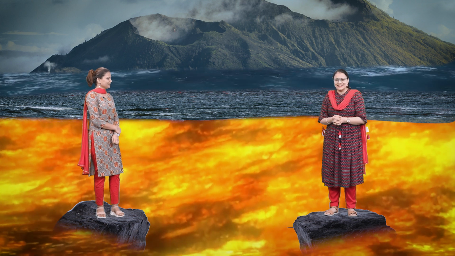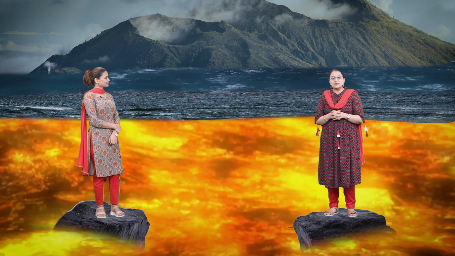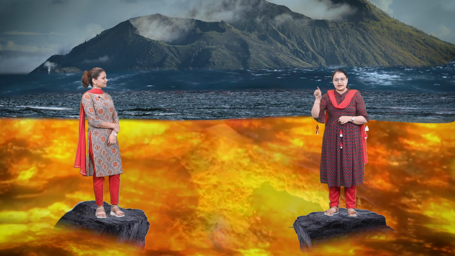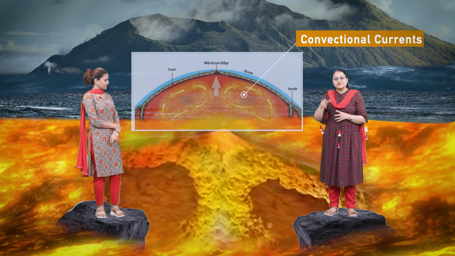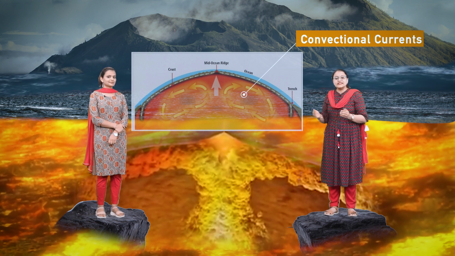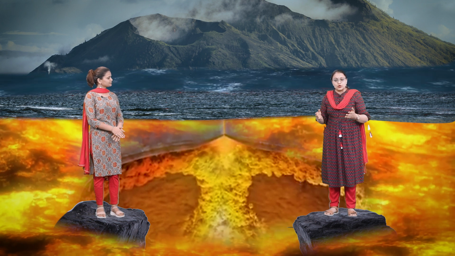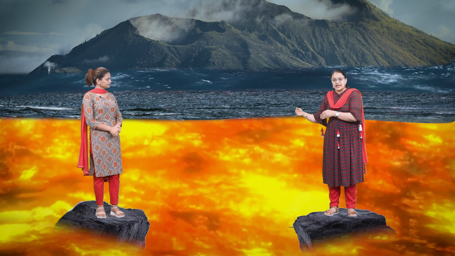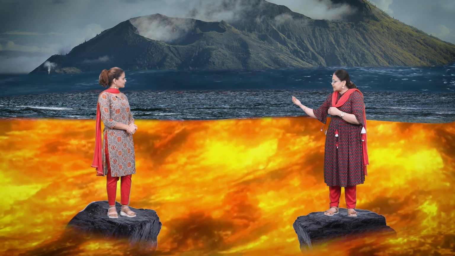Oh my God, horrified. We all know that magma moves in a circular manner, making convectional currents, right? There can be one situation where magma is subsiding at a place. So suppose in the place between us, what will happen to the two tectonic plates?